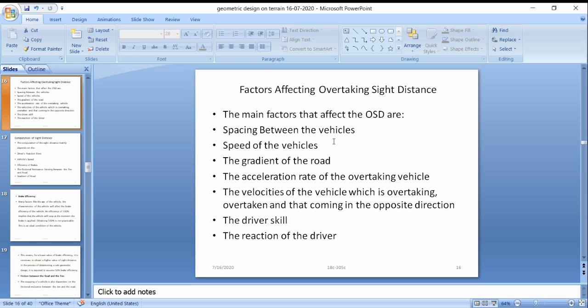If the road is steep, from the center of the road to the side edge of the road, then the gradient must also be considered. The acceleration rate of the overtaking vehicle tells whether he can go or not. Also the velocity of the vehicle, the driver's skill and the reaction of the driver. So the driver also has to think whether he can overtake or not.